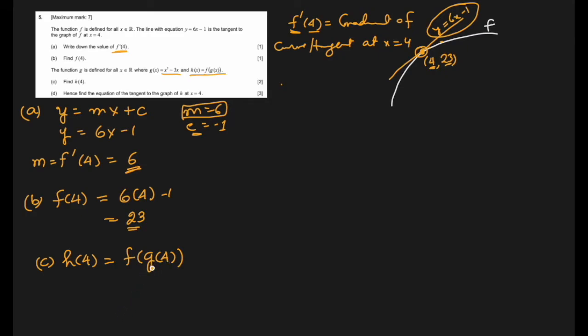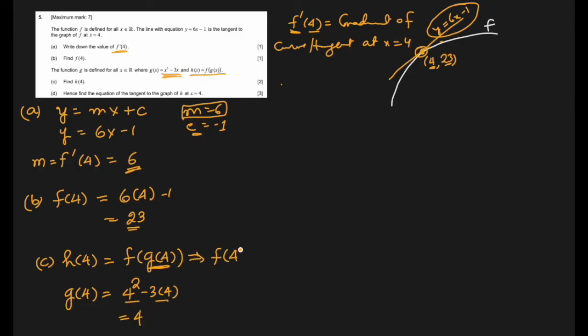That means first I'll need to find g(4). So g(4) will be 4 squared minus 3 times 4, which is 16 minus 12, equal to 4. Luckily, that means this becomes f(4).